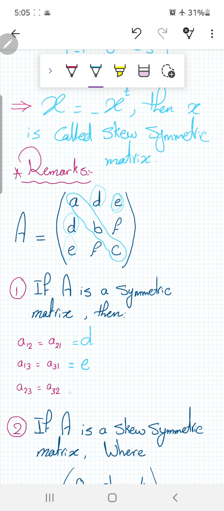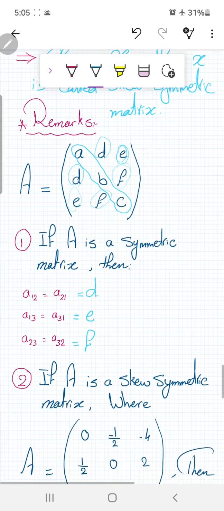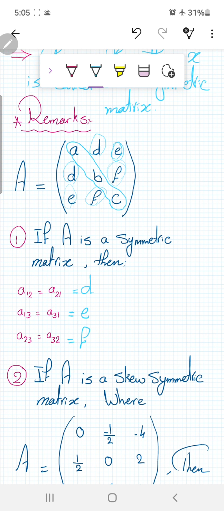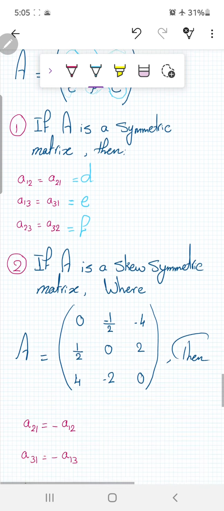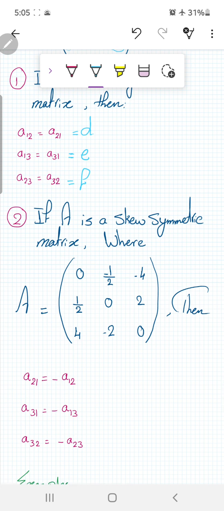And finally F is in the second row and third column, and F is also in the third row and second column. So if A is symmetric, we have A1 2 equals A2 1, A1 3 equals A3 1, A2 3 equals A3 2.